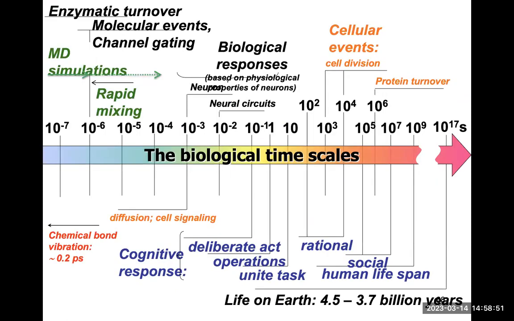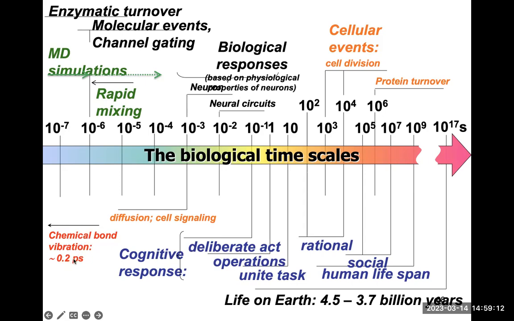This is a similar representation for time scales of different processes. The biological time scales ranging from, that's even more mind-boggling, from actually at the left end of the scale, we are missing some numbers. So it's a chemical bond vibrations are very rapid.